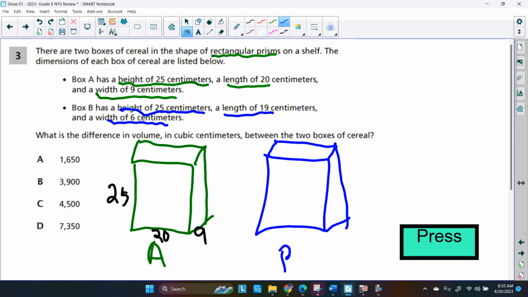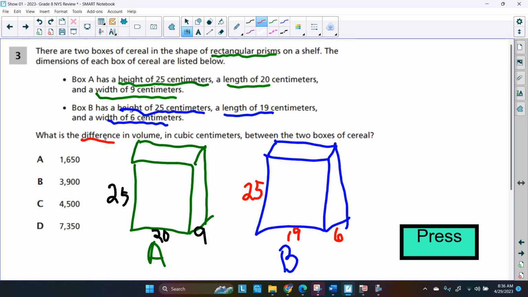Let me put the measurements there. It had the same height, 25 centimeters, a length of 19 centimeters, but a width of 6 centimeters. So they have the question on the bottom: what's the difference?